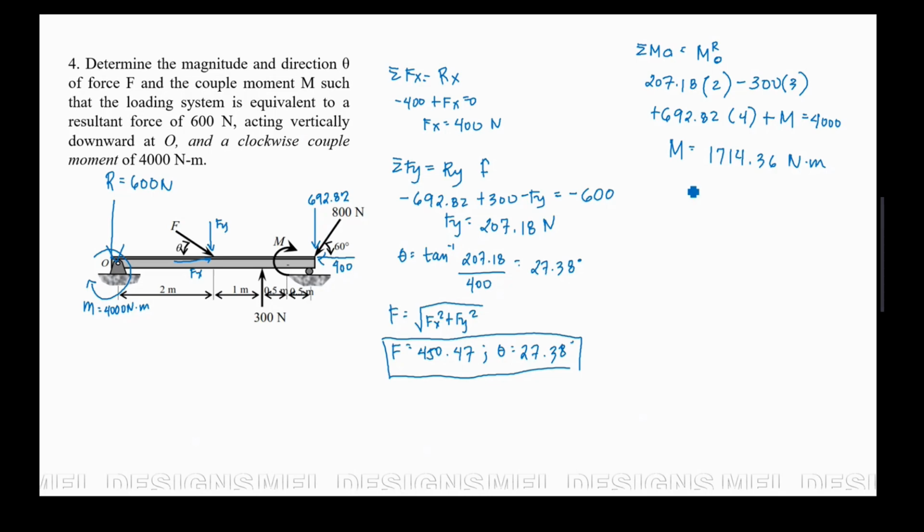Okay? So yan na ngayon yung isang pinapahanap sa problem. So this will be now the final answer. Okay? This is for the force and this is for the moment.